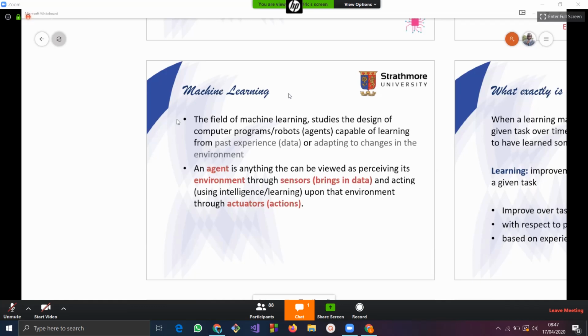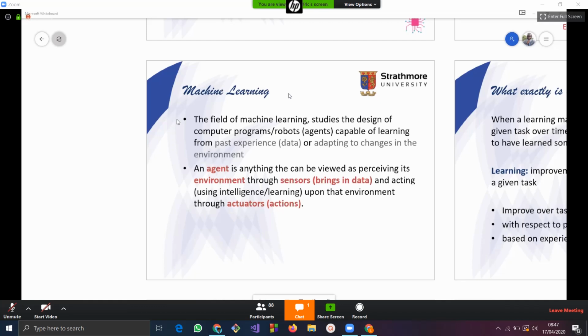There's an agent, and the agent perceives the environment from where they get data, and then they could act on the data using actuators.